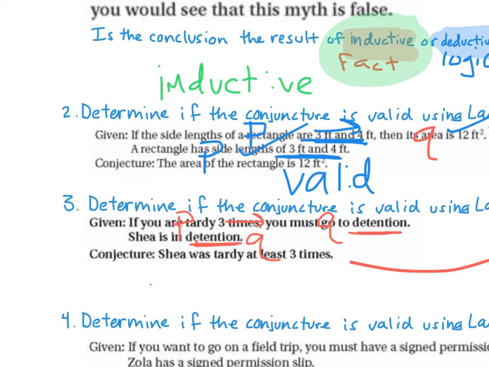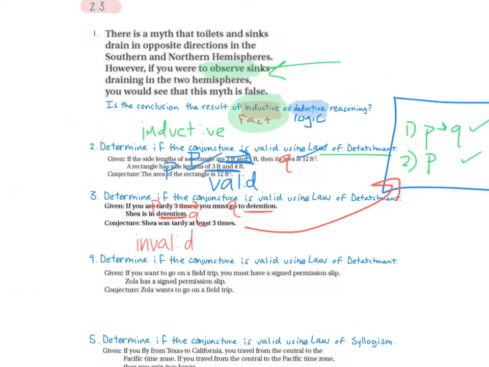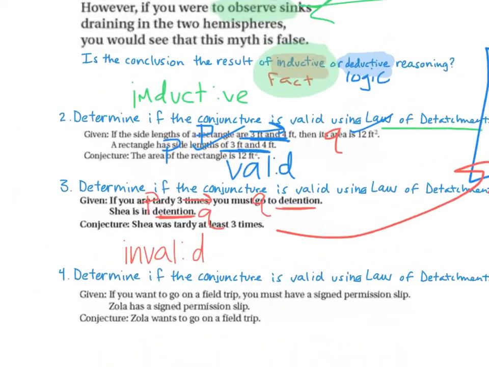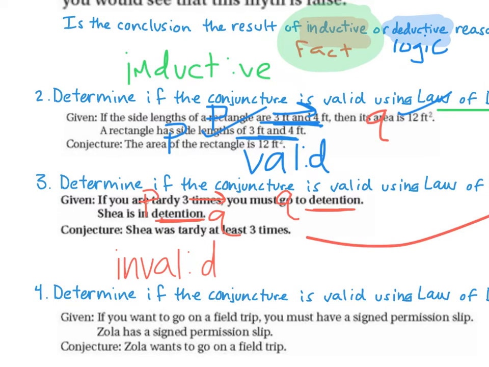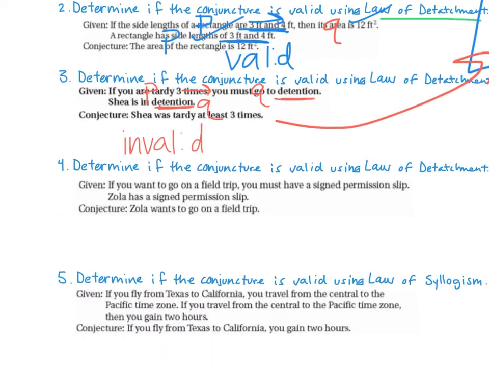So this would be invalid. So the conjecture is invalid, because we need the P then Q and P. But this one only gives us the P then Q and Q, so it's invalid.